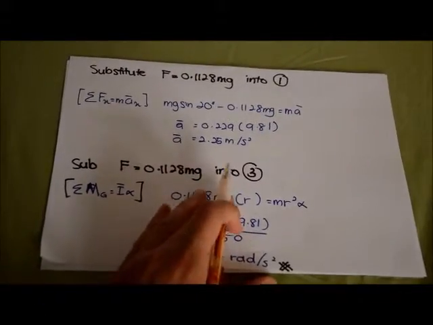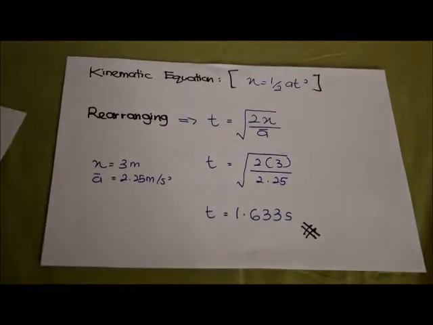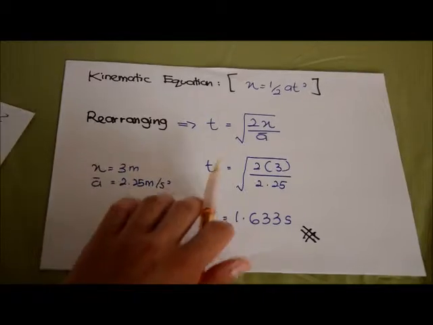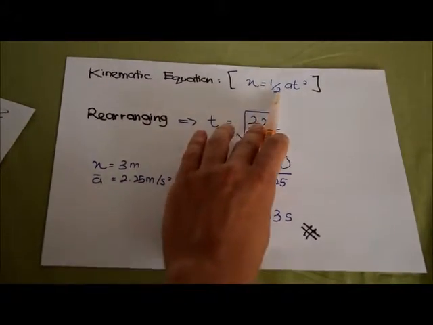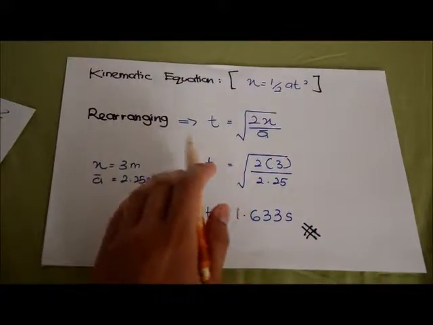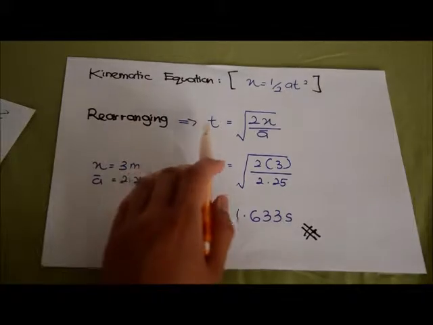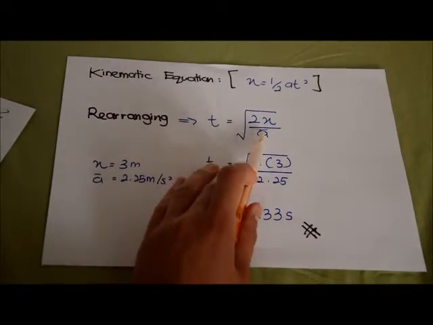Next, to find the time required for the hoop to move a distance of 3 meters down the incline, we will use the kinematic equation x equals half a t squared. By rearranging the equation, we get t equals the square root of 2x over a bar.